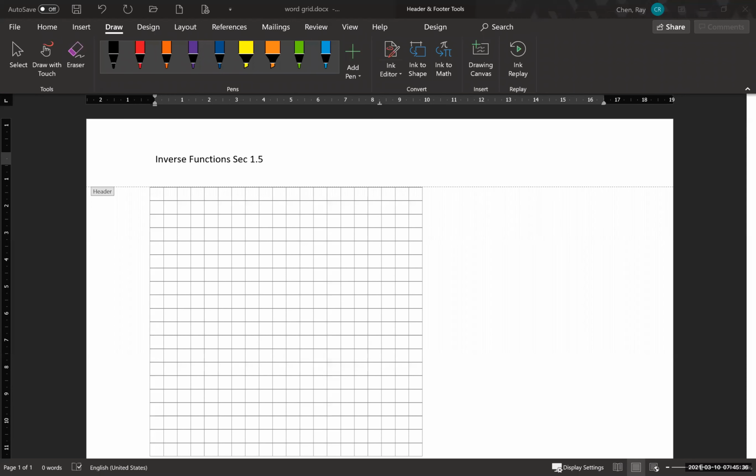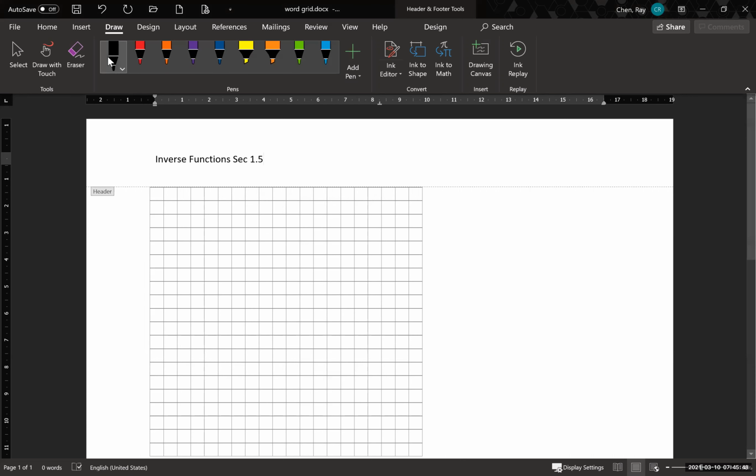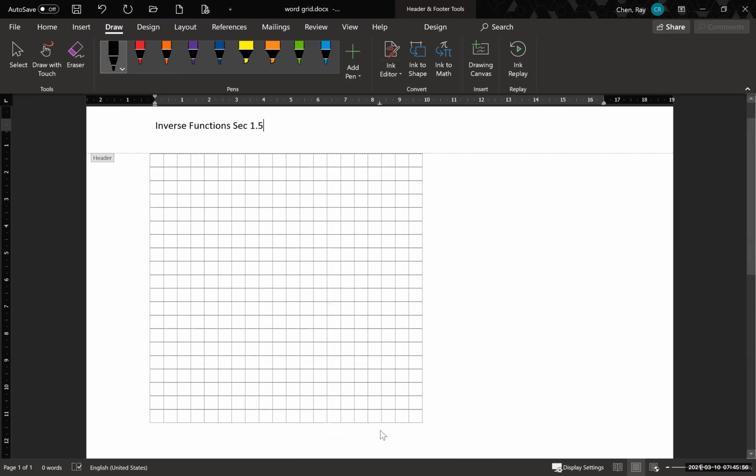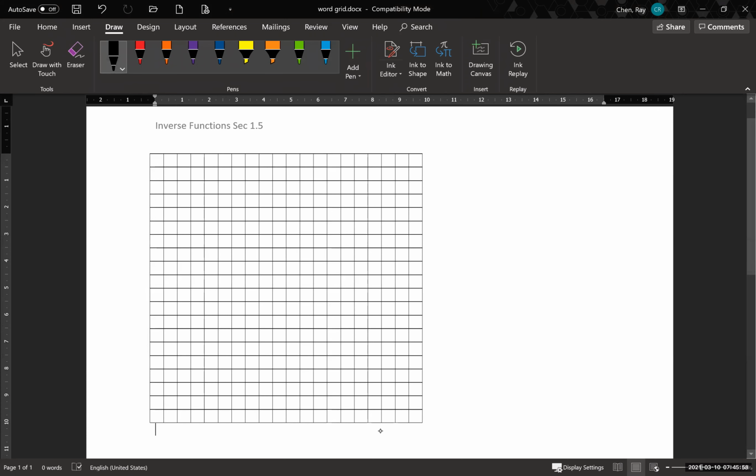So I decided to switch to a Word document, and hopefully this is popping up this time. Let's first of all talk about some definitions of what functions are. Function notation is f of x, right?